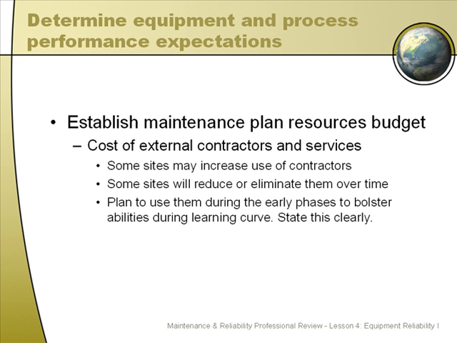Third, plan to use contractors during the early phases to bolster abilities during the learning curve. State this clearly when you start. What I'm trying to tell you here is as you're going through the learning curve, some things that your maintenance and reliability staff have handled in the past are going to be very difficult to complete because they're going to be so busy doing training, building the process, measuring, doing analysis to figure out action items and making changes, as well as adopting new activities that they never did before.